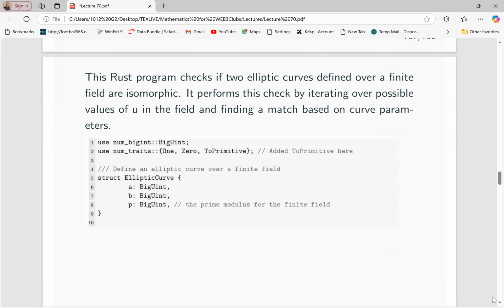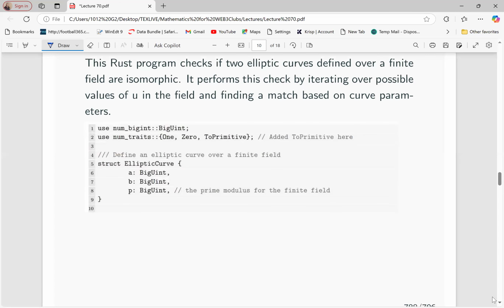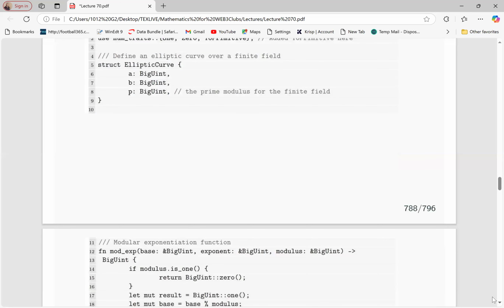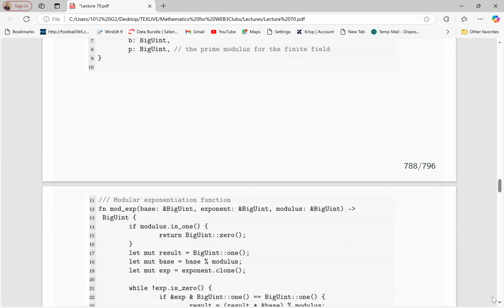Now, I've included a program that finds out whether elliptic curves are isomorphic. Later on you may want to modify this program so that it does a lot more work than mine is doing, but this way I begin.